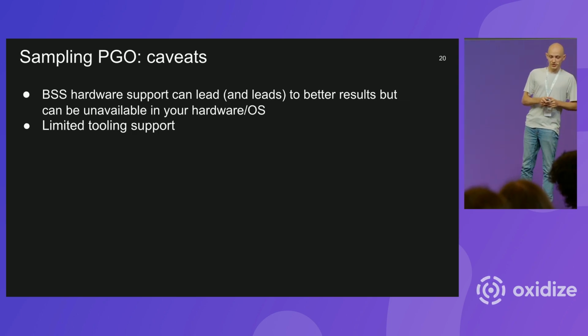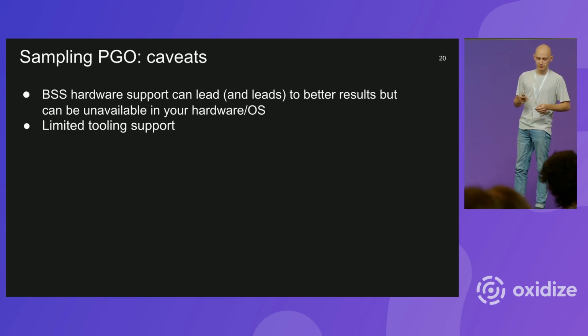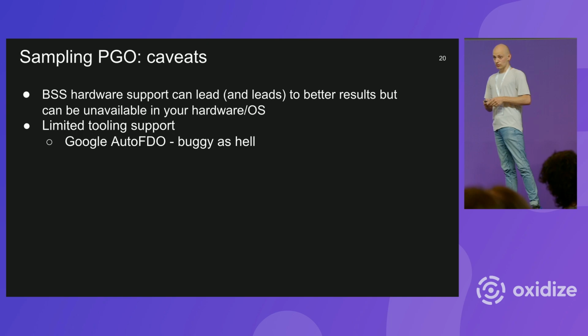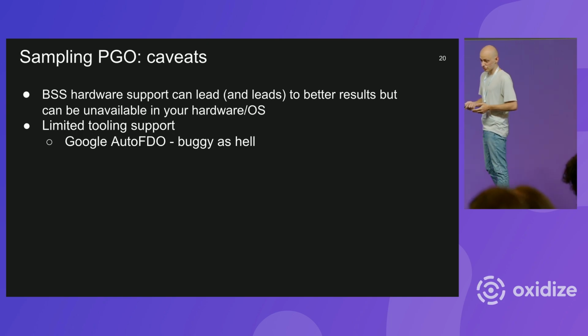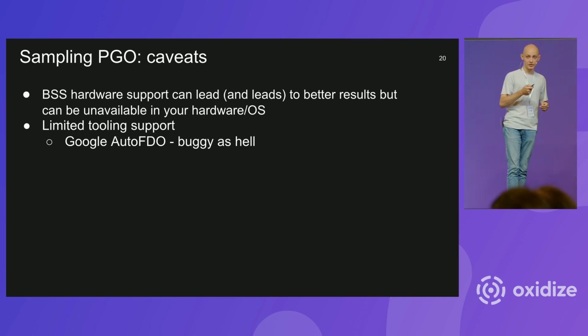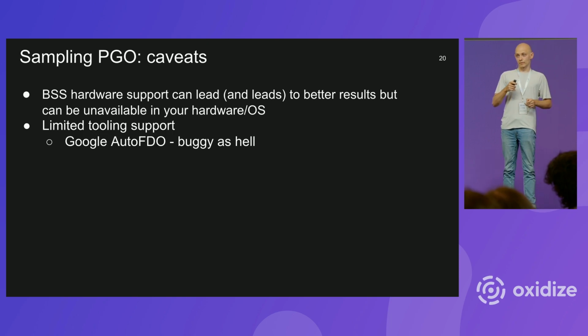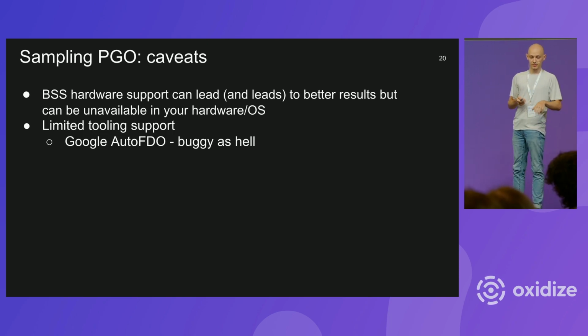Also, sampling PGO, unfortunately, has very limited tooling support compared to instrumentation PGO. Google invented sampling PGO, and they implemented some amount of tooling around it that is called Google AutoFDO. Actually, that is the reason why sampling PGO is often called FDO, feedback-directed optimization, because of the name of this project.